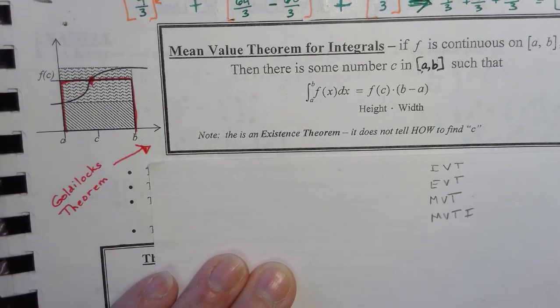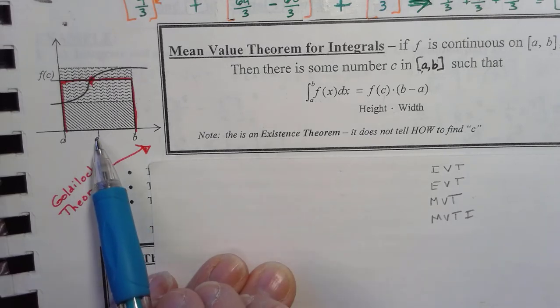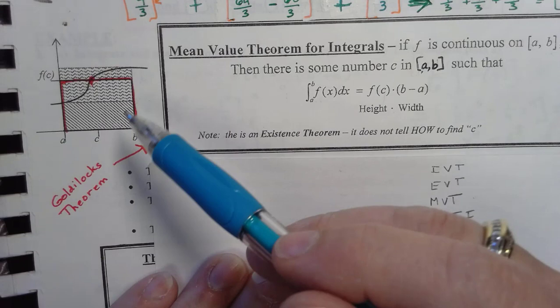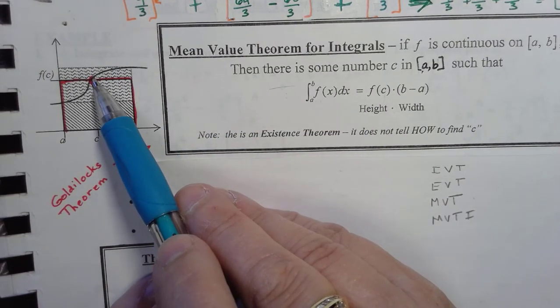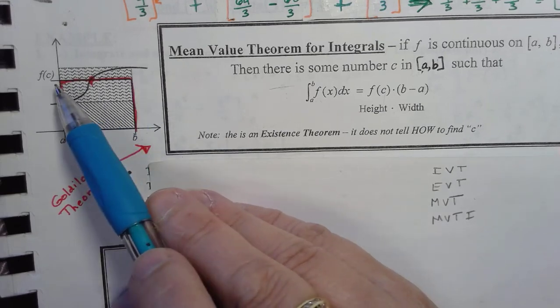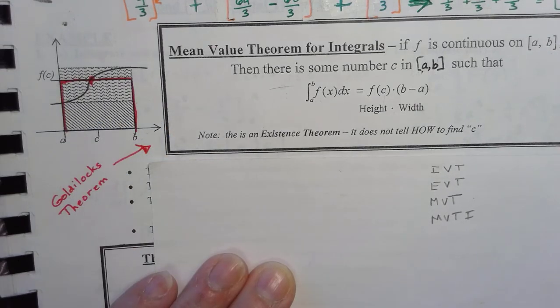There's a lot of area being counted that is not under the curve. I like to call this the Goldilocks theorem because it tells us which one is just right. There is some c in this interval such that when I evaluate c on my function, I get a rectangle whose area is exactly equal to what is under the curve.